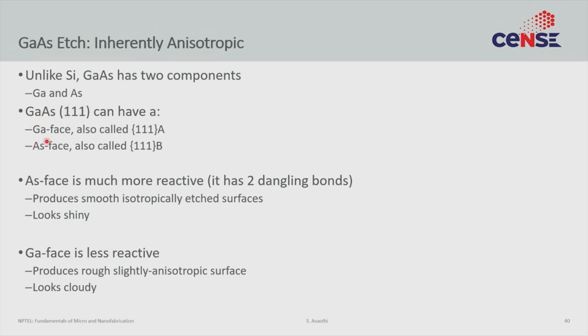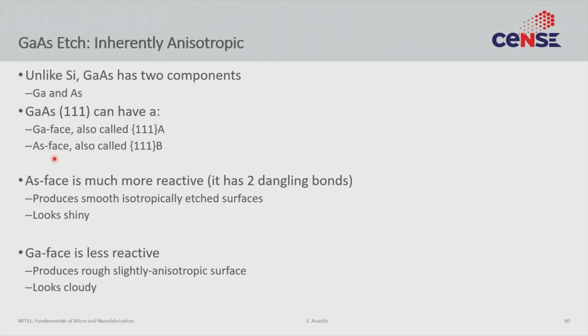You can have a gallium phase, which is often called 111A, or you can have an arsenic phase, which is often called 111B. We have to make this distinction because chemically speaking, whether the etchant sees gallium on the surface or arsenic on the surface leads to very different outcomes.